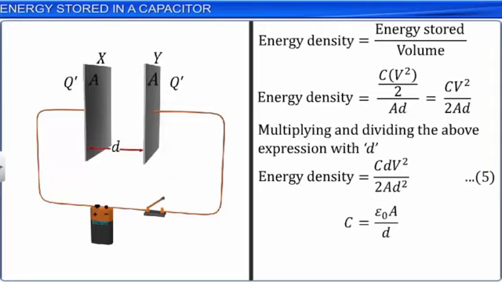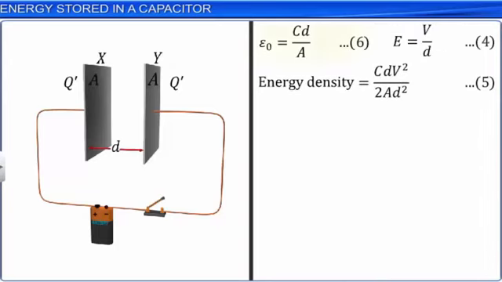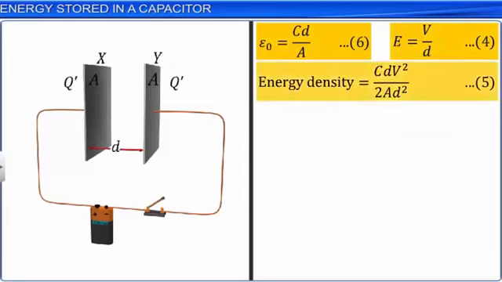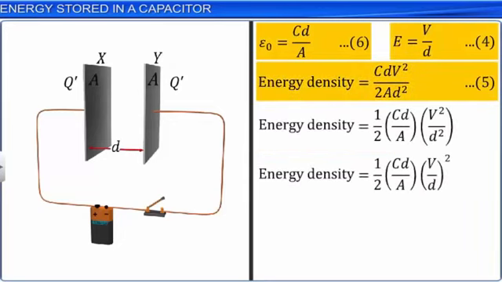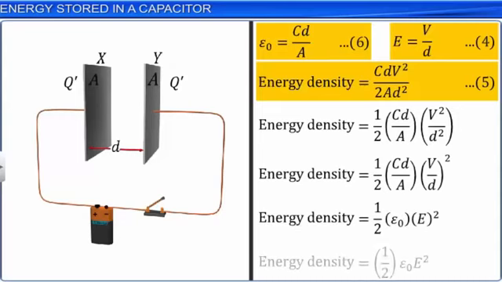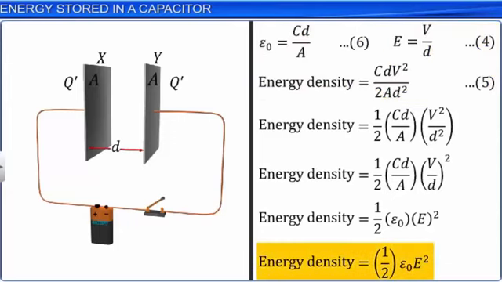Therefore, Cd/A is equal to epsilon naught. Let this be equation 6. Substituting equations 6 and 4 in equation 5 and simplifying, we get energy density is equal to half epsilon naught into E squared. This equation for energy density holds good for the electric field of any charge configuration in general.